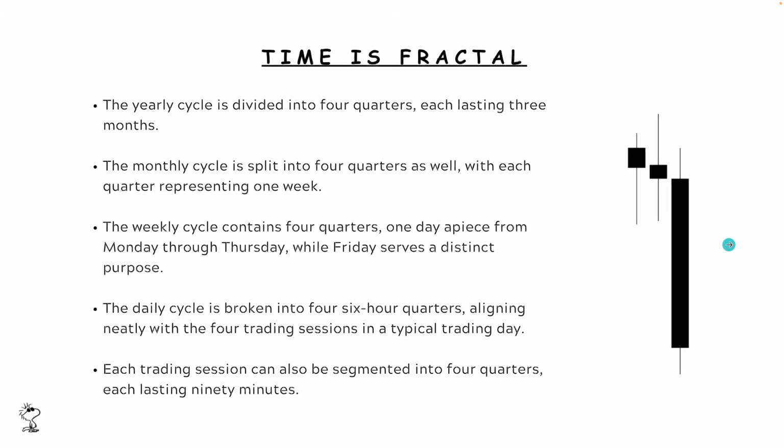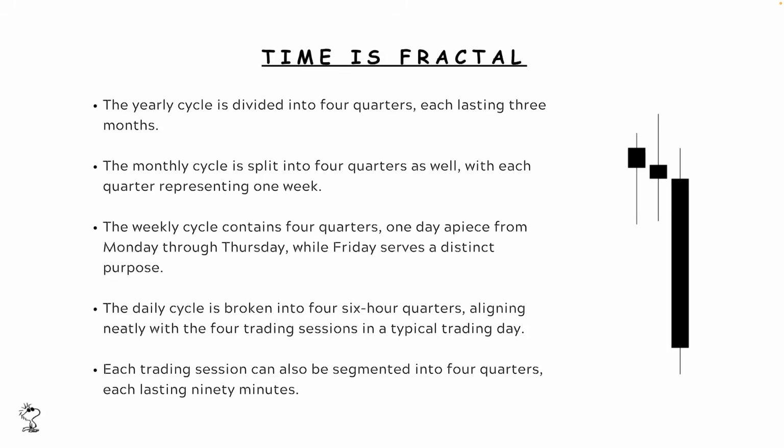Now, time is fractal. For people who do not necessarily know what the word fractal means, it is basically the study of things or concepts being repetitive. If you think back to any ICT smart money concept lecture, the concepts he tends to reference a lot are power of threes, MMXMs, AMD models, right? All of these models are repetitive and they happen on both higher time frames and lower time frames.